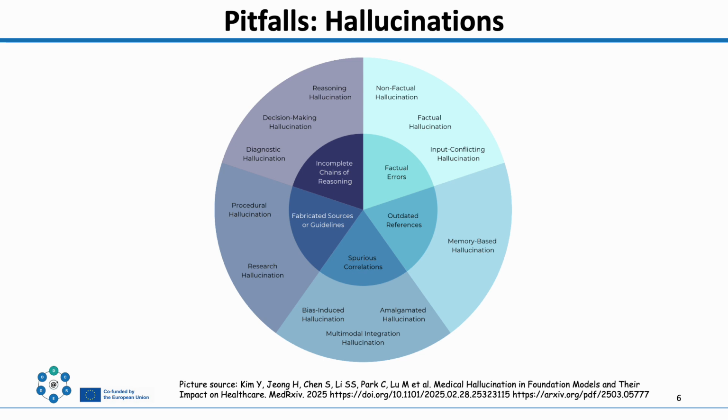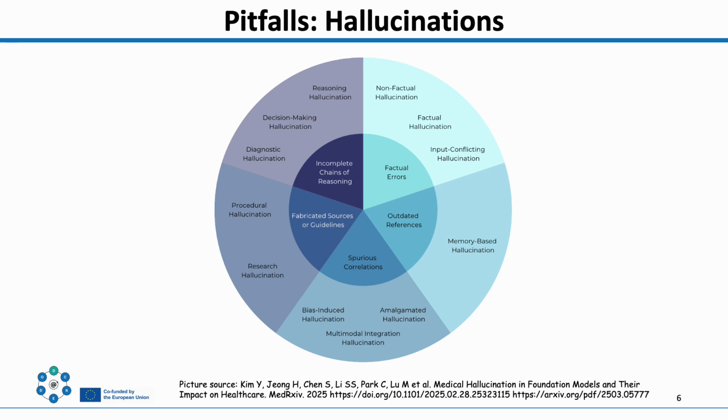First, we have factual errors. Those might be hallucinations arising from incorrect or conflicting factual information. Next, we see outdated references, meaning errors due to reliance on outdated or disproven guidelines or data. Spurious correlations.